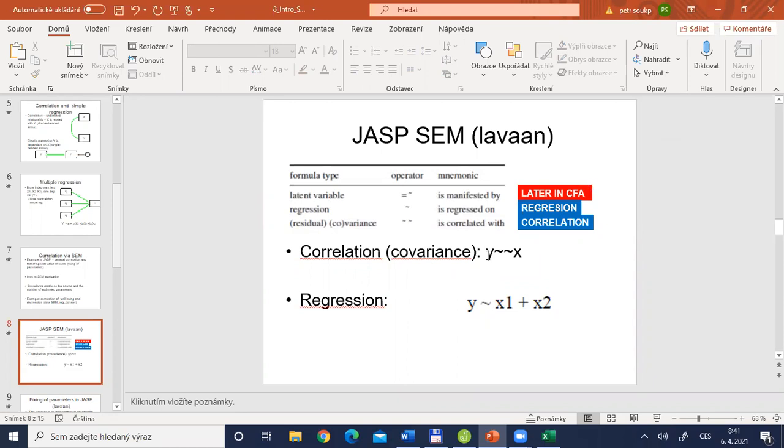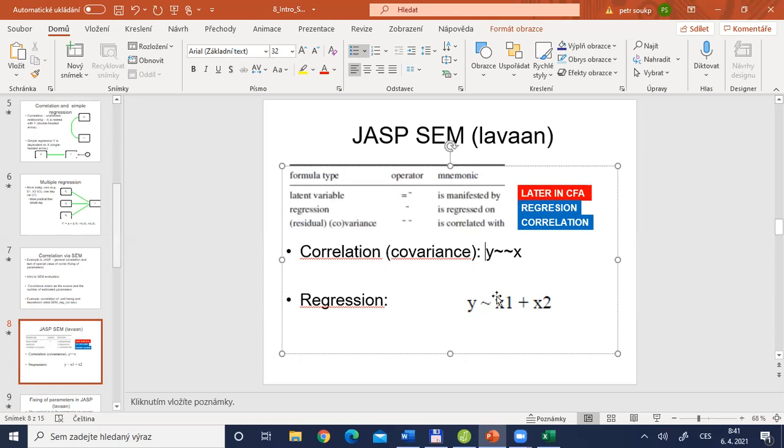And for your easy preparation of the model, you can use this presentation, and these tildes are prepared for copying for you. But usually you can use, of course, the tilde on your keyboard. It is usually in the left upper corner of your keyboard with English symbols. So you can use it, of course, also without copying from the presentation.